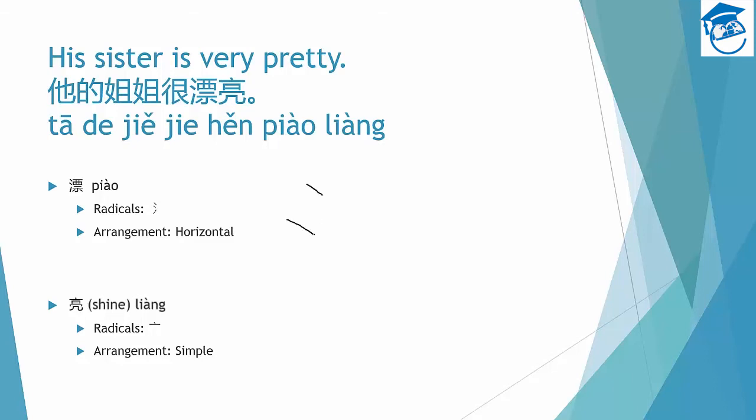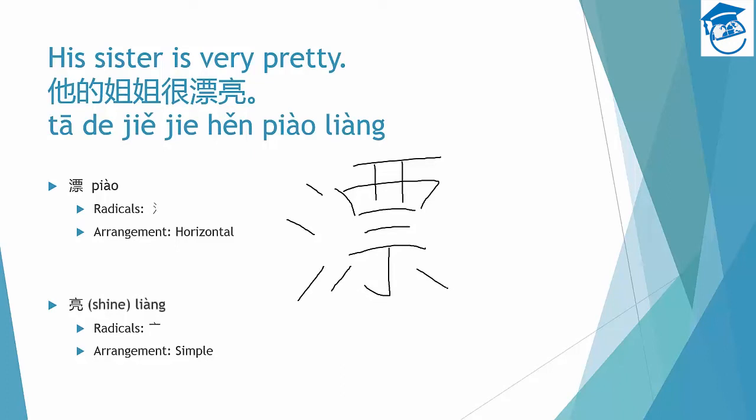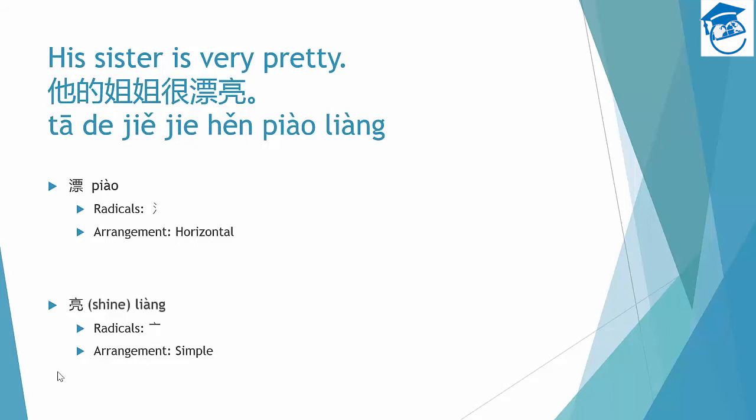14 strokes for this word 漂. Okay, and for 亮, it can mean shiny, but of course when you say pretty as 漂亮, it has nothing to do with that, but as an individual word it can have that meaning.